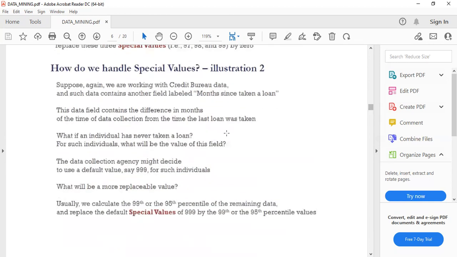Now this is another way of handling special values. This is illustration 2. Suppose again we are working with credit bureau data, and such data contains another field labeled months since taken a loan. This data field contains the difference in months of the time of data collection from the time the last loan was taken.